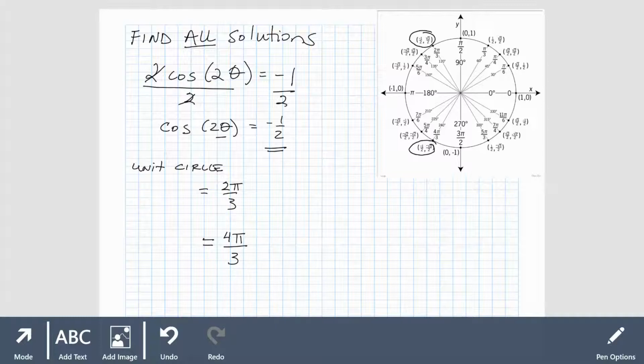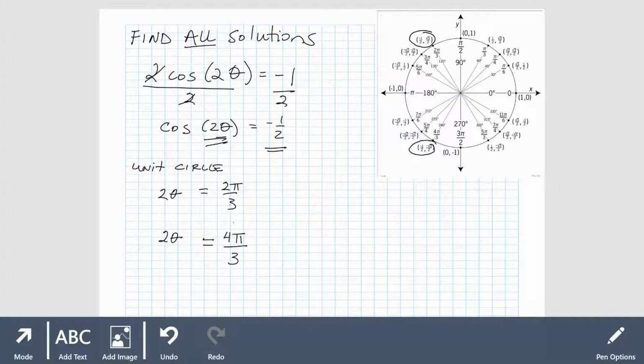At this point, when we found these values on our unit circle, we were looking at the inverse cosine idea. This got rid of the cosine function, however it still left us behind with that 2 theta. So what we have here is not values for theta, which is what I'm hoping to solve for, but values for 2 theta.